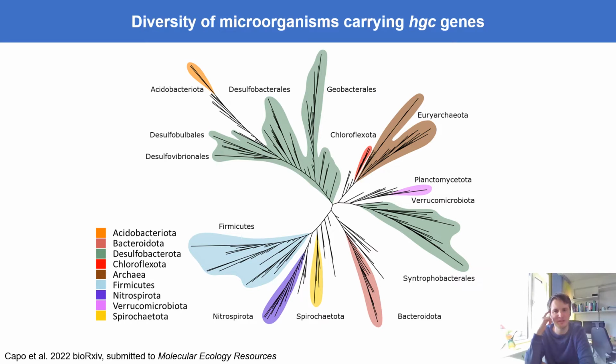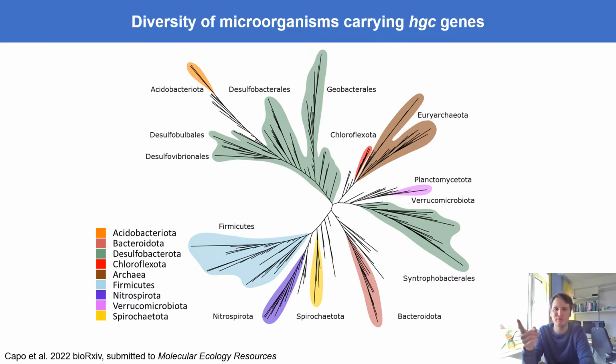It was a group named Delta Proteobacteria a few years ago. And we also identified a lot of hgc genes in Firmicutes, Nitrospirota, the PVC superphylum, from Planctomycetes, Chlamydia, and Microbiota, but also quite close to Bacteroidota.